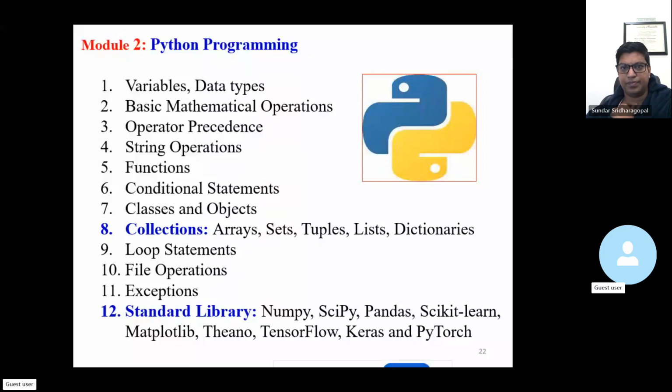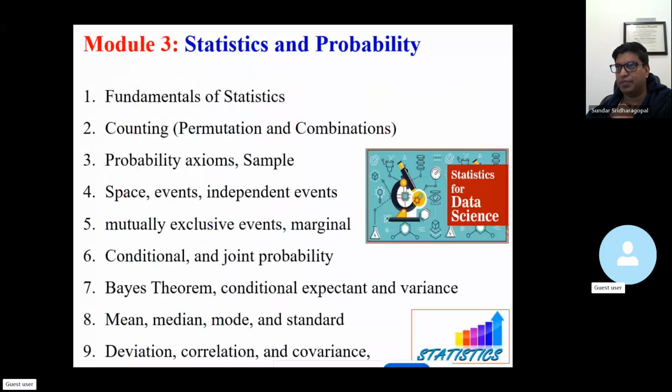Okay, and the third module is statistics and probability. Here I am going to demonstrate the fundamentals of statistics and counting concepts like permutations and combinations, probability axioms and sample space, events, independent events, mutually exclusive events, marginal, conditional, and joint probability, and Bayes theorem, conditional expectation and variance, mean, median, and mode.